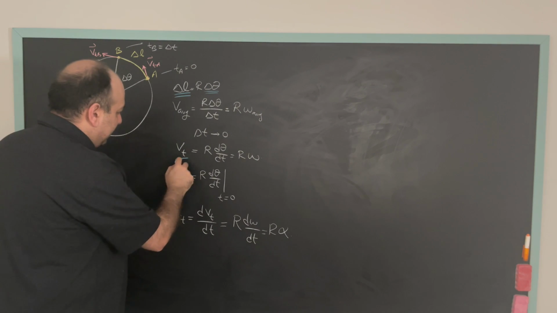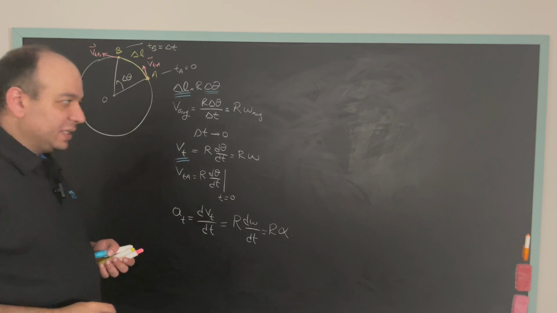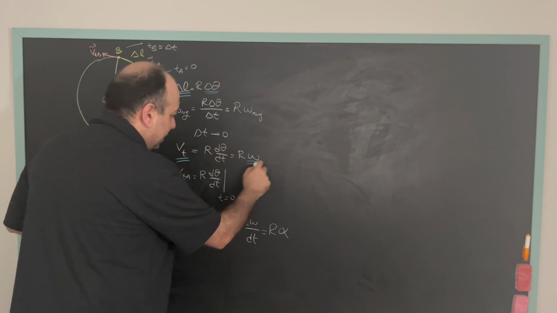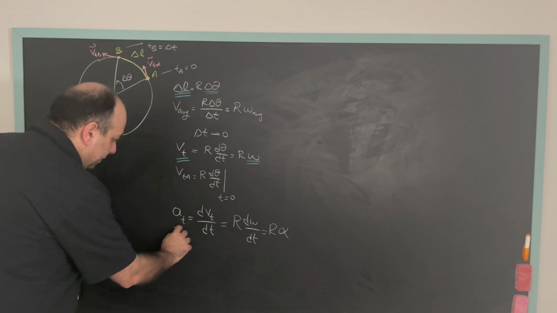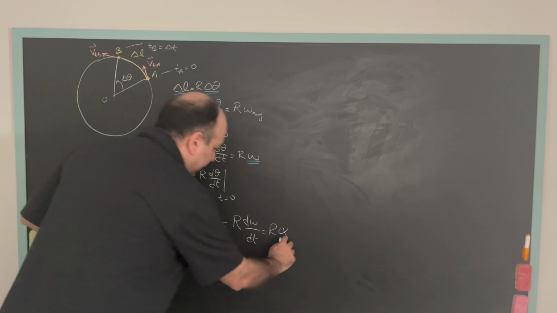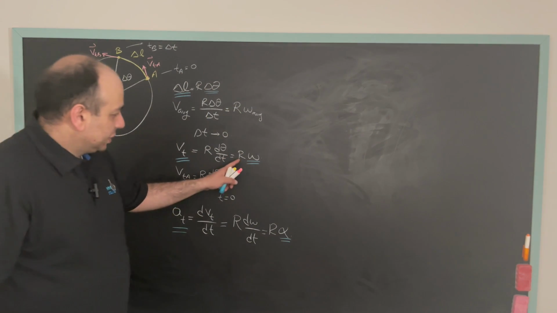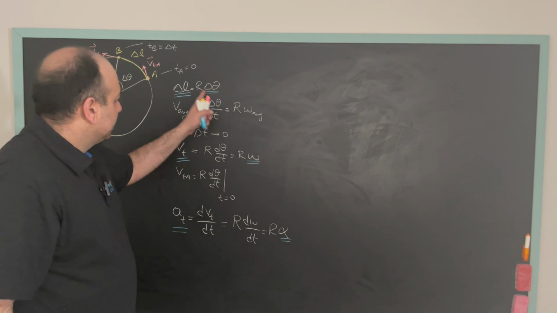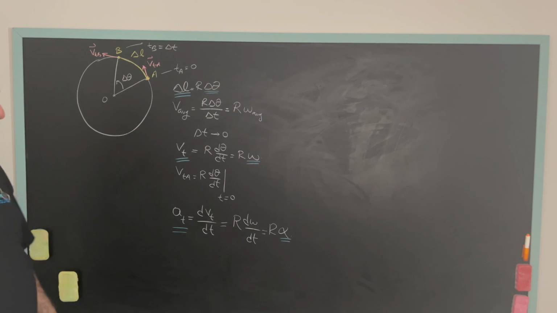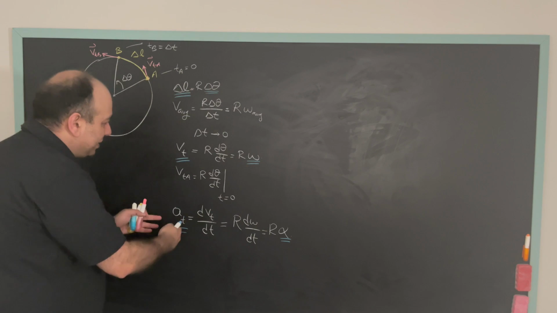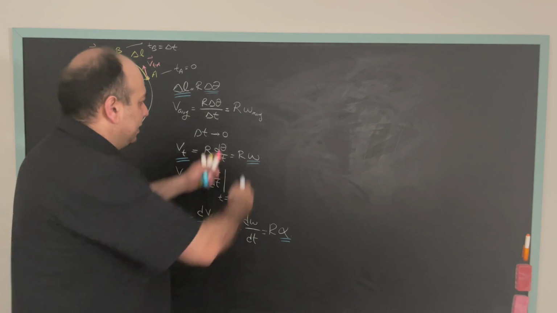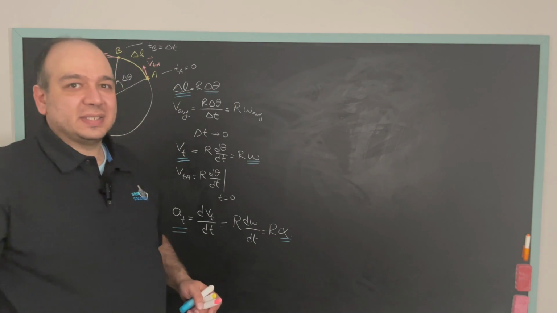We have tangential speed and angular speed, and tangential acceleration and angular acceleration. The proportionality constant is the radius of the circle. This is how the linear quantities are related to the angular quantities.